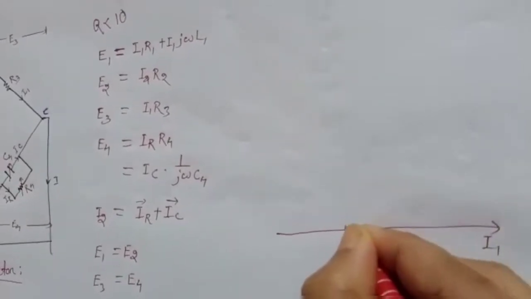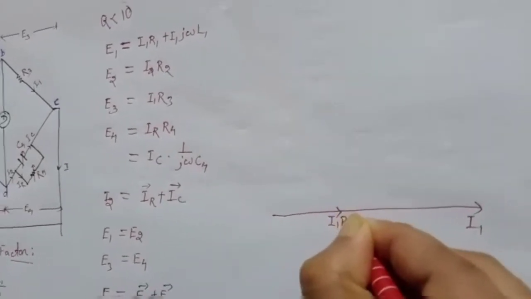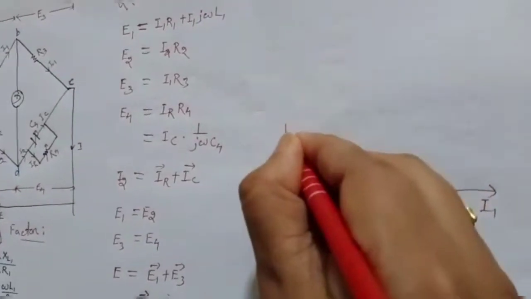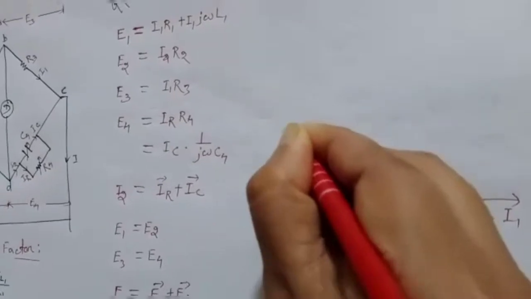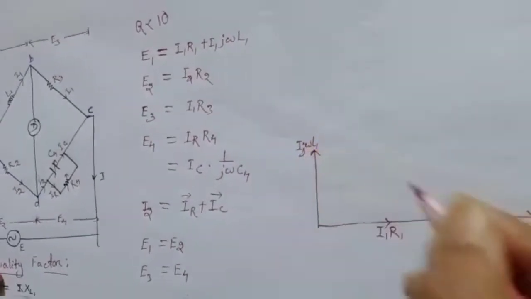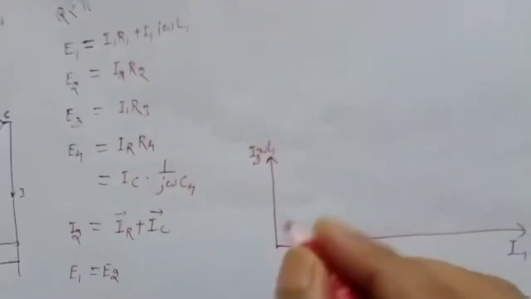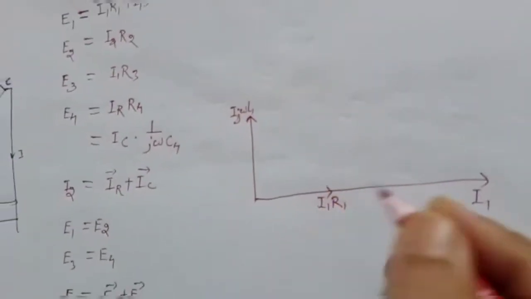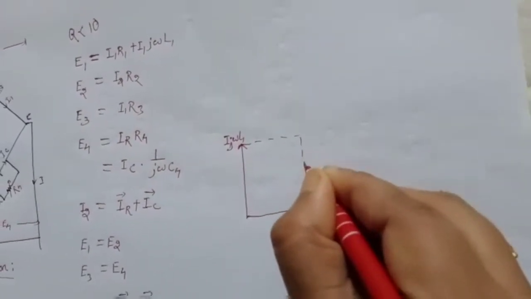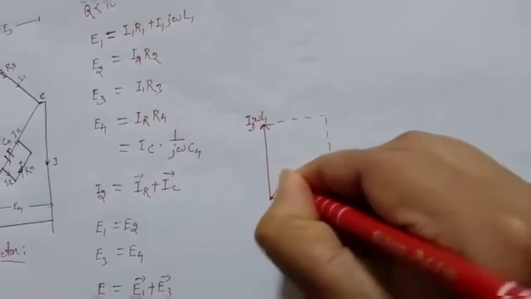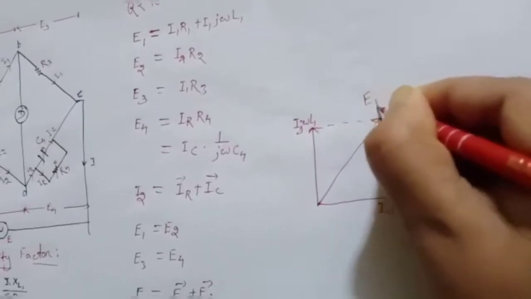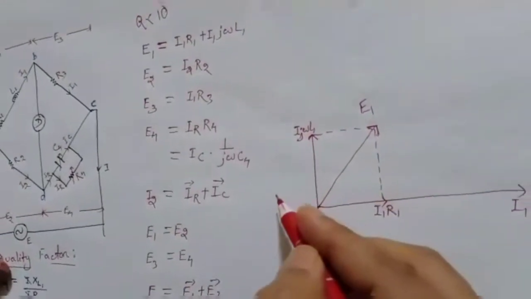If I1 is the reference, the resistive voltage drop I1 into R1 should be in phase with I1. Then I1 into j omega L1, it is an inductive voltage drop, so it should lead I1 by an angle of 90 degrees. Then the phasor sum of I1 R1 and I1 j omega L1 will give us the value of E1, because E1 is equal to I1 R1 plus I1 j omega L1.